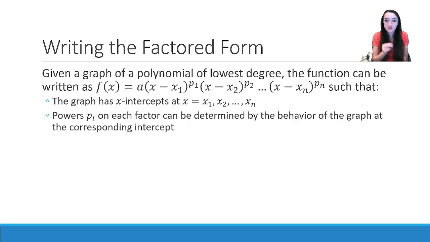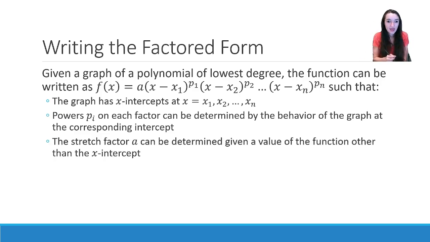Those powers on each factor can be determined by the behavior of the graph at the corresponding intercept, and then the stretch factor a can be determined given a value of the function other than the x-intercept.